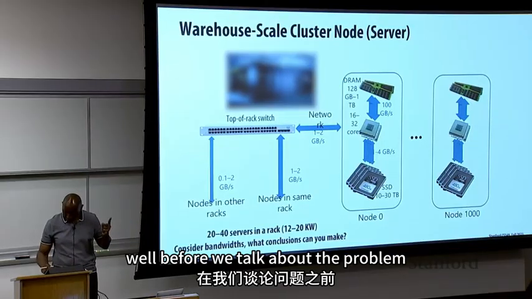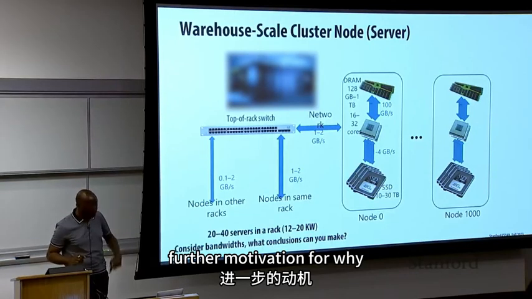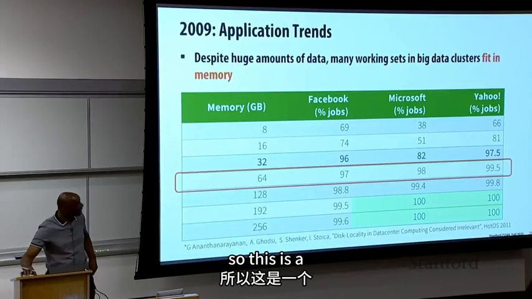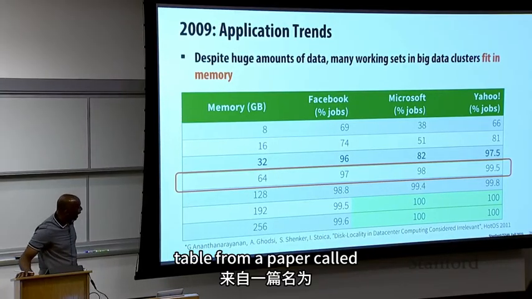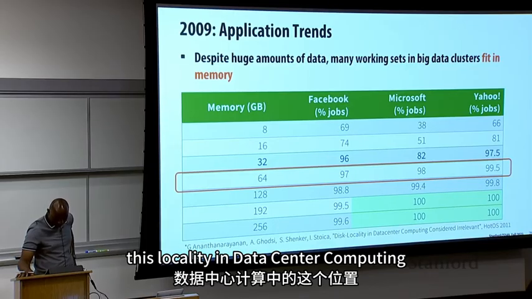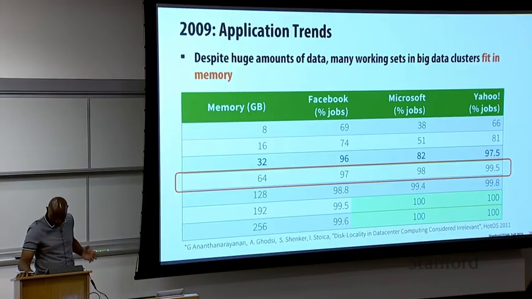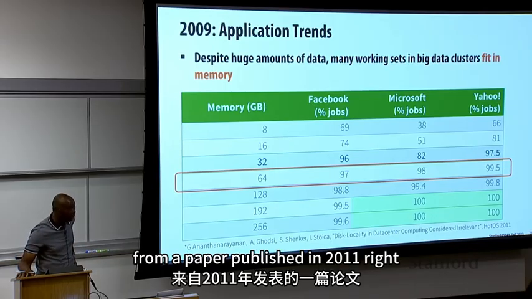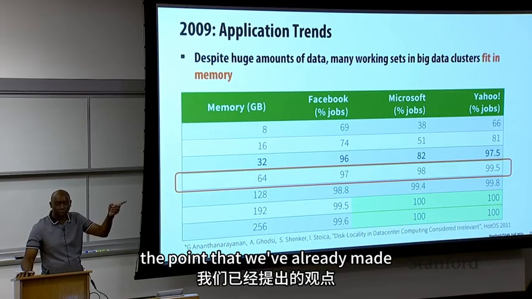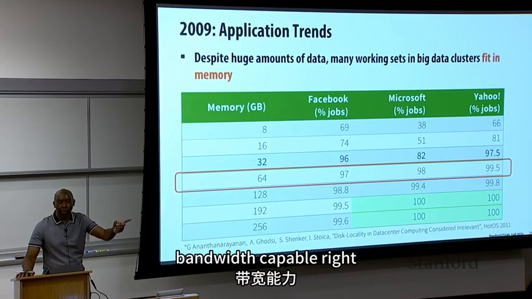Well, before we talk about the problem, let's talk about further motivation for why we could potentially use the memory more intensively. This is a table from a paper called Disk Locality in Data Center Computing Considered Irrelevant, published in 2011. Part of the reason it was considered irrelevant was the point we've already made, which is that networks were getting much more bandwidth capable.